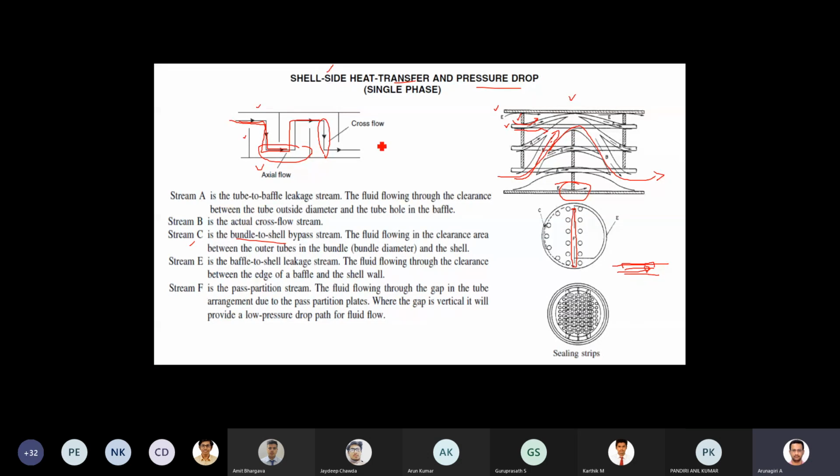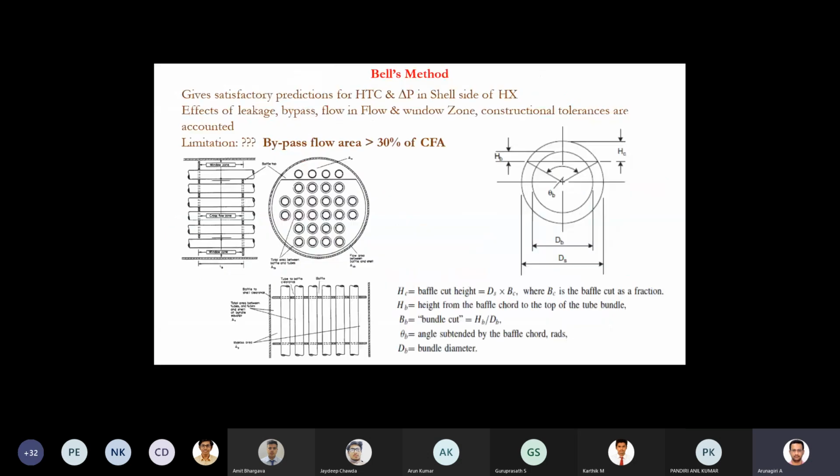So Tinker and Bell-Delaware included these streams to estimate the heat transfer coefficient and pressure drop. That's called the Bell-Delaware method. The Bell-Delaware method gives satisfactory prediction to estimate the heat transfer coefficient and pressure drop on the shell side. Here Bell accounted for these different streams: leakage streams, bypass streams, and cross flow streams.